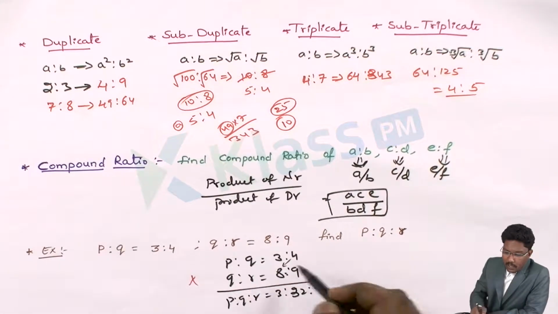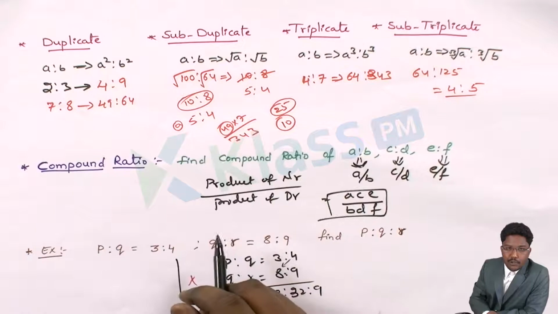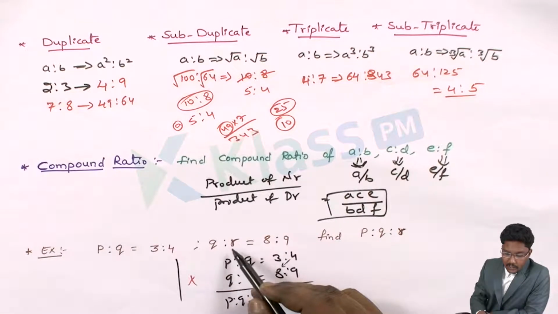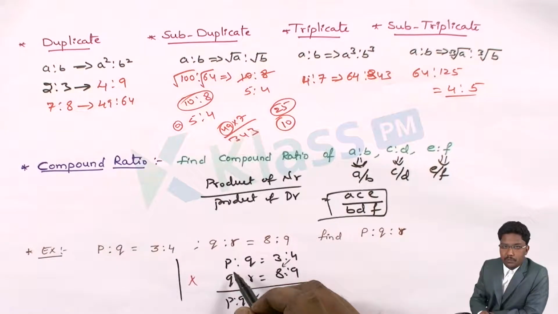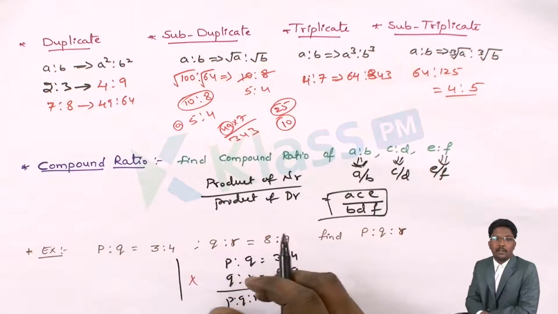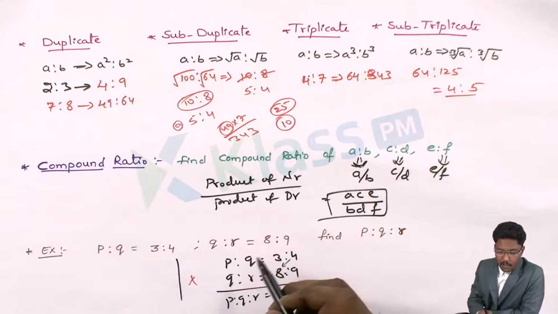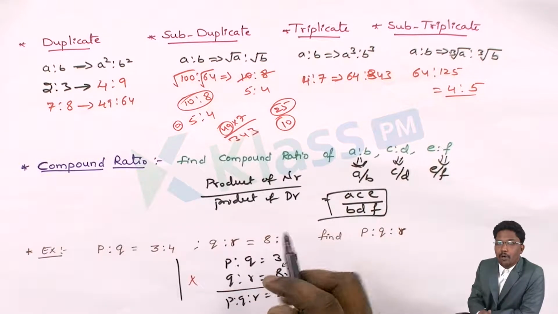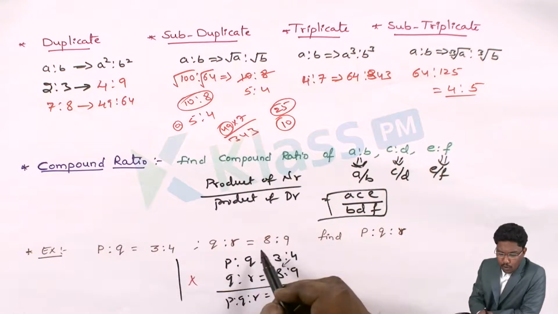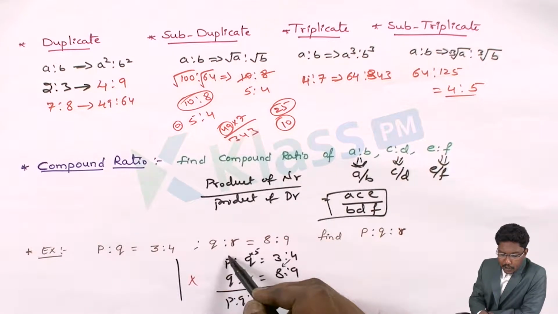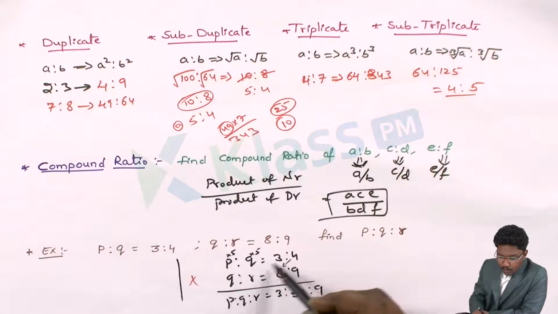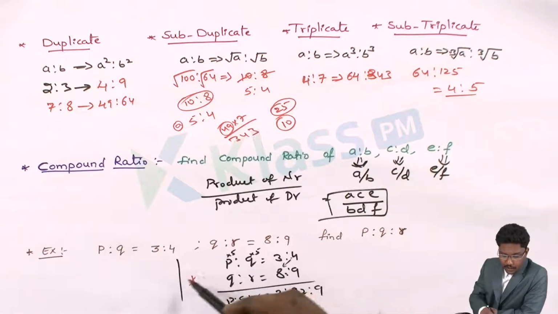Because in a ratio, if you multiply one term with some value, the other term should also be multiplied with the same value, because both are in a relation. Both being in the ratio means both have the same common multiplication factor. So if it is multiplied with 5, then the other should also be multiplied with 5. Here we are multiplying only these two, so it is a wrong one.